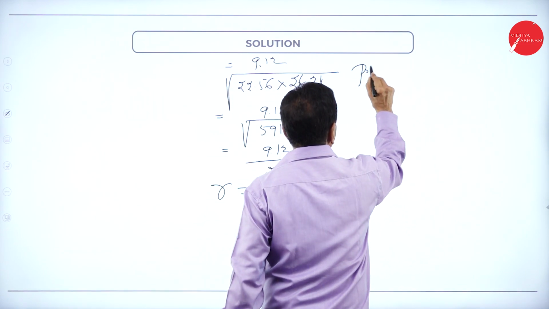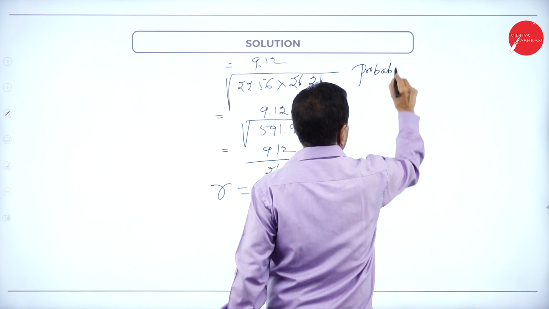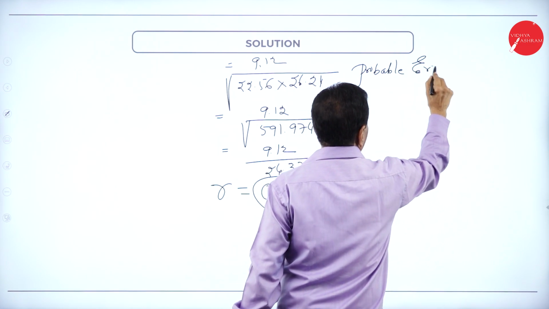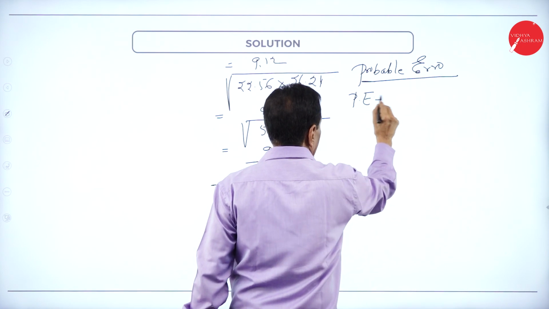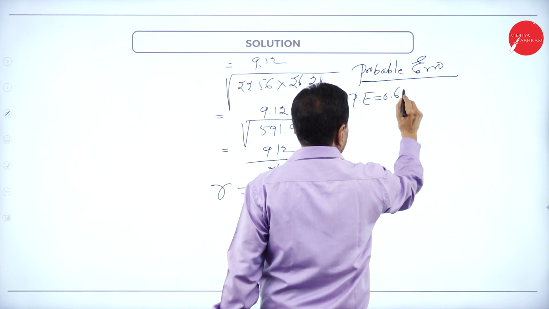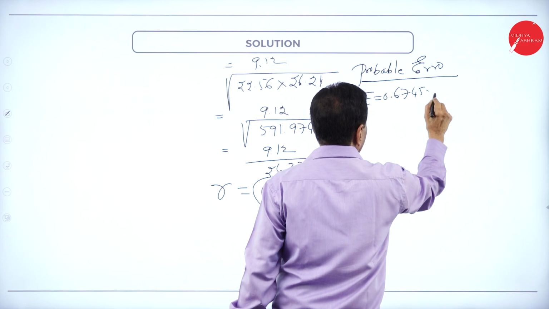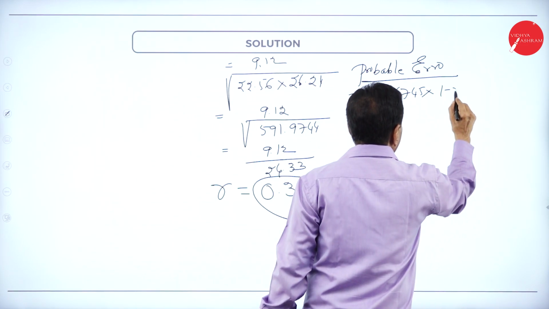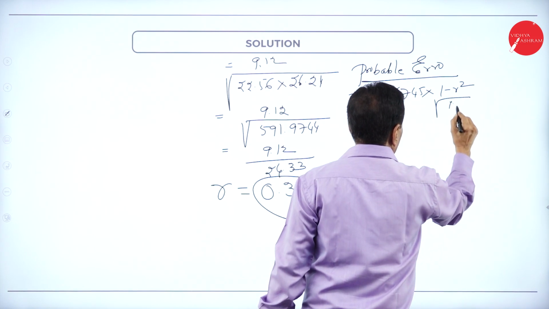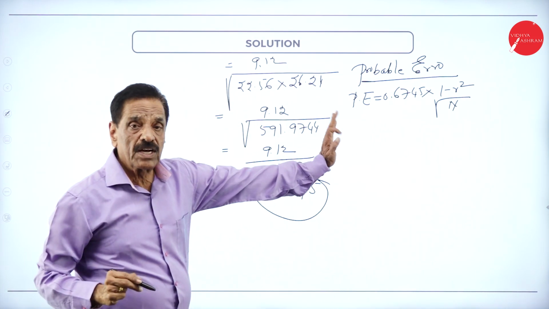Probable error. If they ask probable error, it is equal to 0.6745, this is a constant number, into 1 minus r square divided by root n. This is a constant formula.